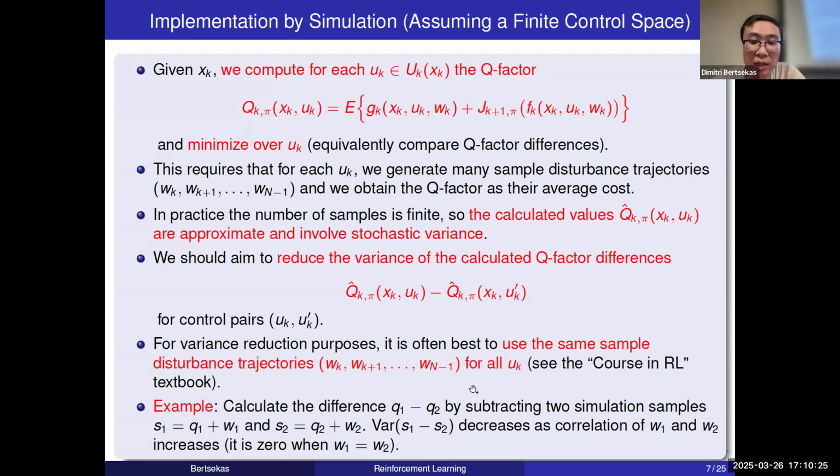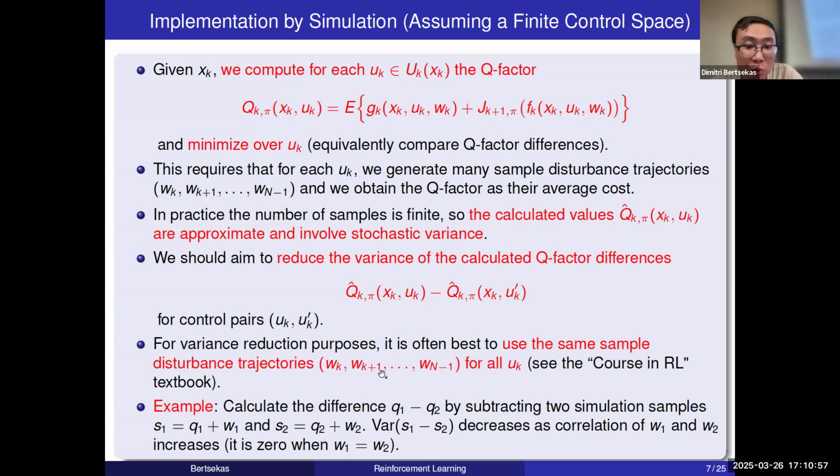And that's why I'm saying that in order to use the same sample disturbance trajectories, we need to make sure the distribution of WK plus 1 does not depend on XK plus 1. Because given the current state XK, we apply UK, we have a state XK plus 1, right? And given the state XK and UK prime, we have a different state XK plus 1 prime.